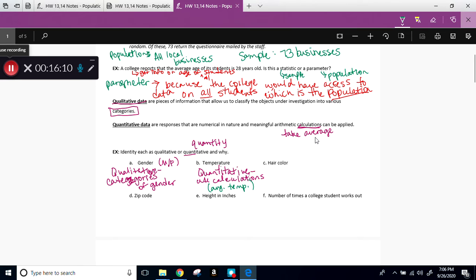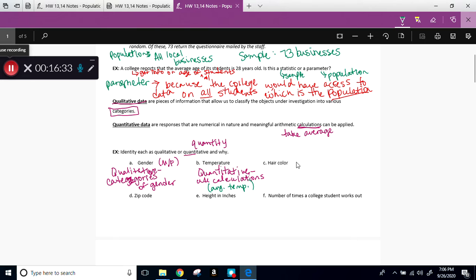Hair color. Well, some people have red hair, some people have blue hair now. They've dyed it. Or dark hair, black, brown, yellowish, blondish, light brown. My sister always claimed she was dishwater blonde.